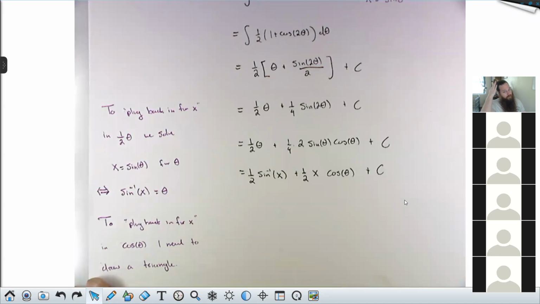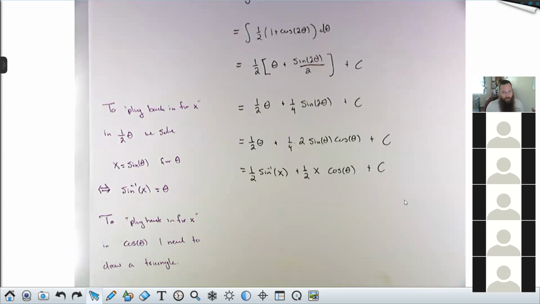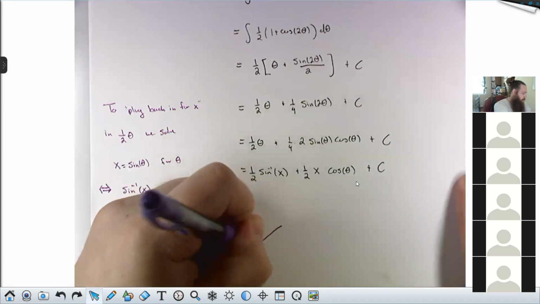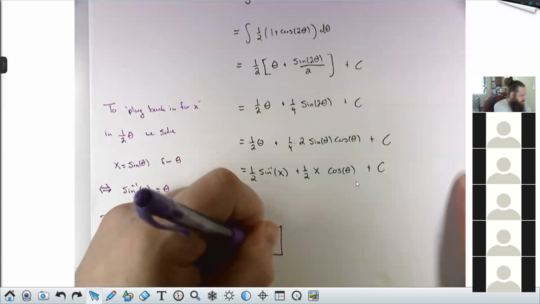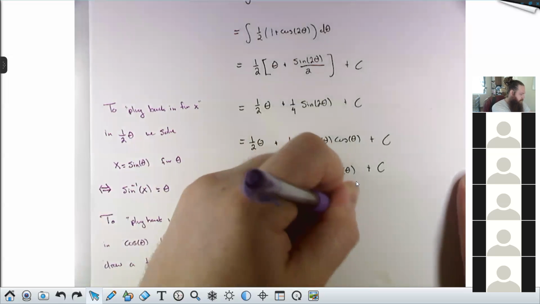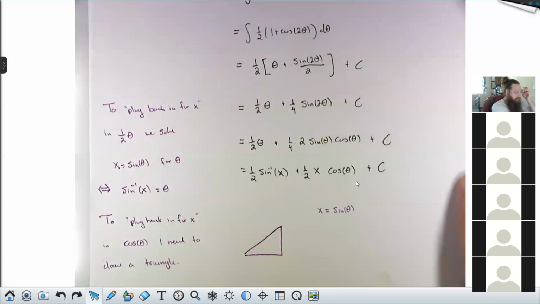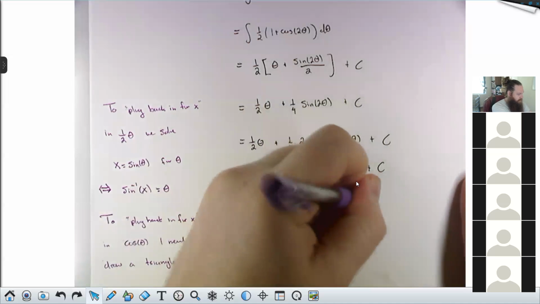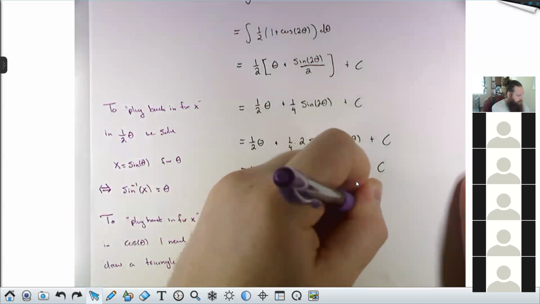Right, I need to know the relationship between theta and x, which is that x is sine theta, and then somehow deduce the relationship between cos theta and x. There's also ways to do this with identities, but draw the triangle. All right, I know x is sine of theta, and I know that sine is always the opposite over the hypotenuse, right?